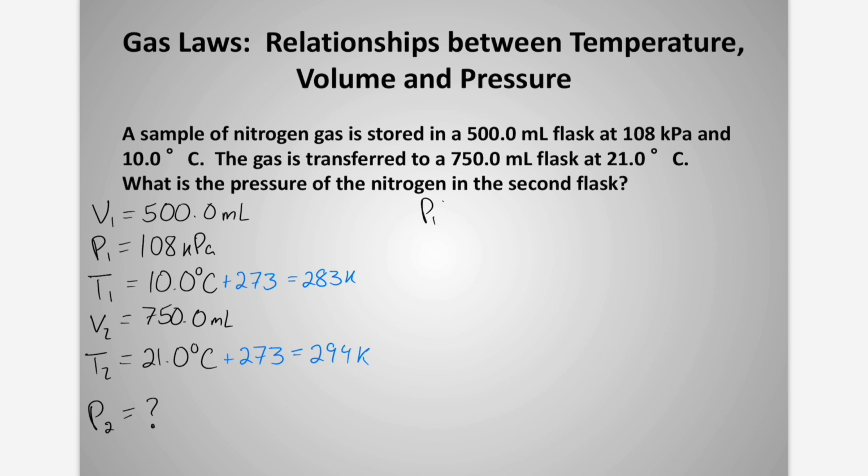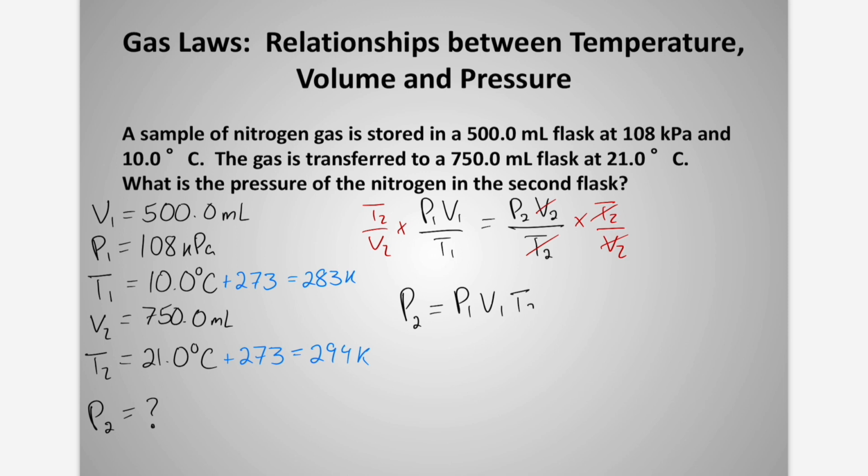So combined gas law equation. This time, I need to rearrange my combined gas law so that I'm solving for pressure 2. So my second pressure is going to be equal to pressure 1 times volume 1 times temperature 2 divided by volume 2 times temperature 1.